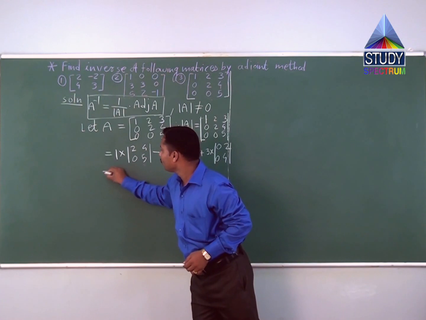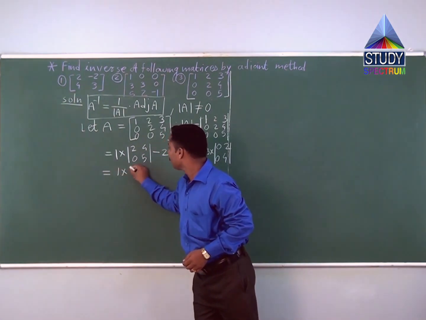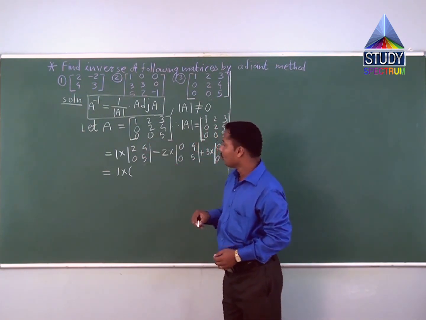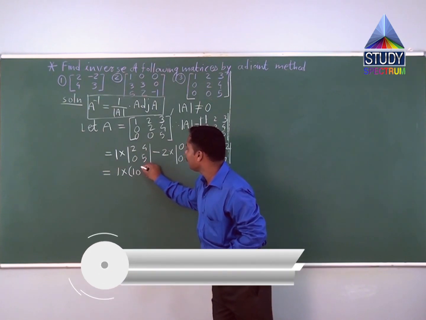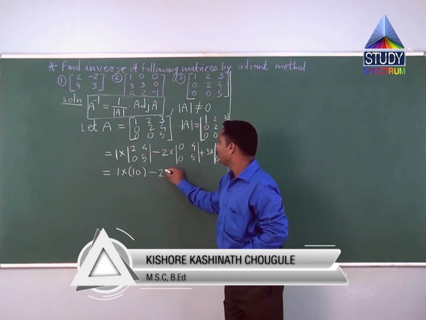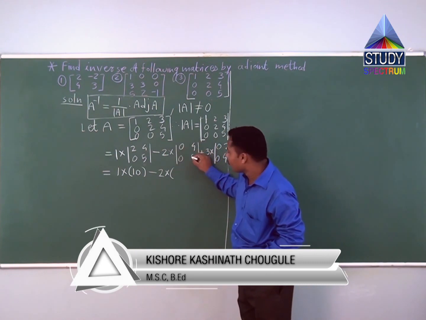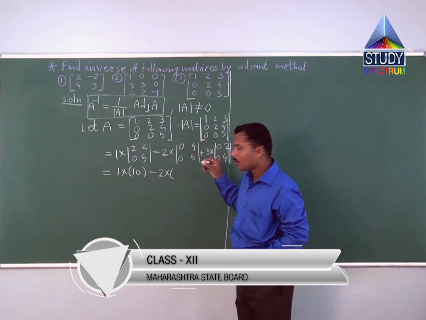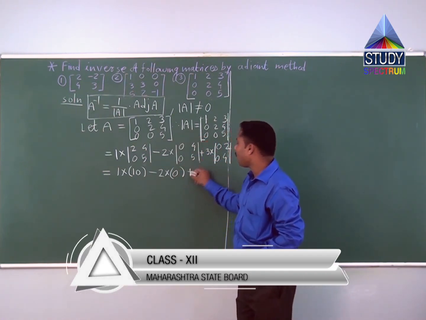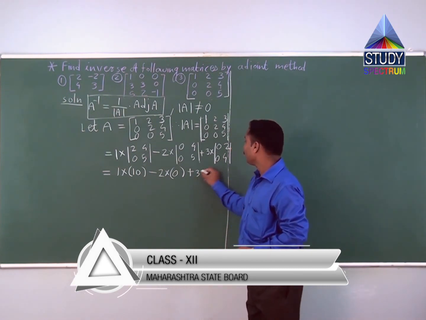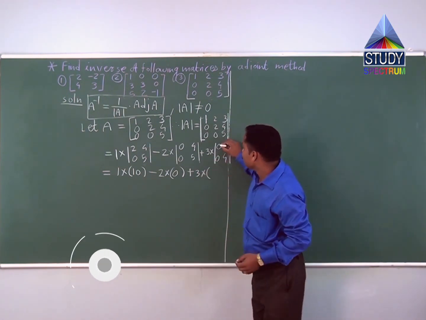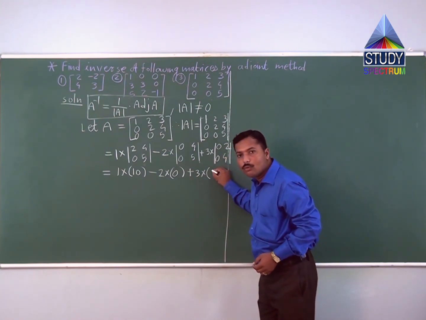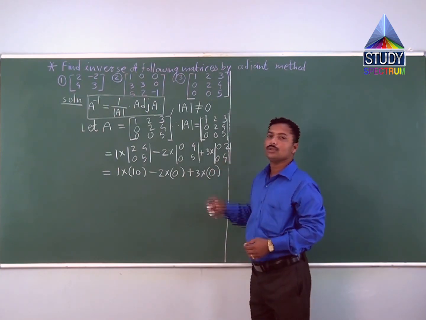So equal to 1 into 2 into 5, 10, minus 0 into 4, 0, 10 minus 0, 10, minus 2 into 0 into 5, 0 minus 0 into 4, 0, 0 minus 0, again 0, plus 3 into 0 into 4, 0 minus 0 into 2, 0, 0 minus 0, again 0.